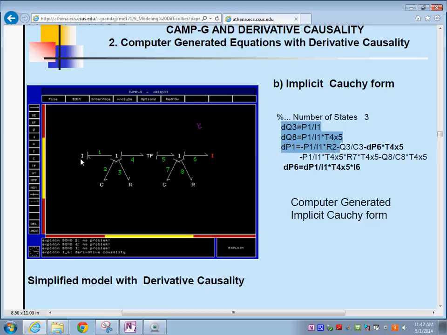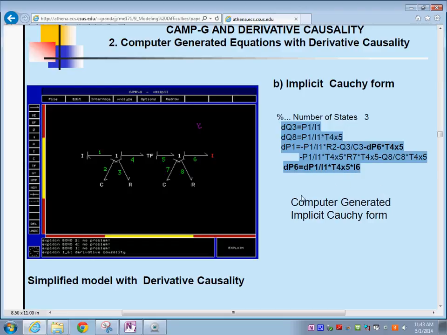You have this 2C and the I elements in there, and you have one more equation that actually has the derivative dp sub 6. But you see, the situation here is that these equations present a major challenge because they have derivatives on the right hand side.